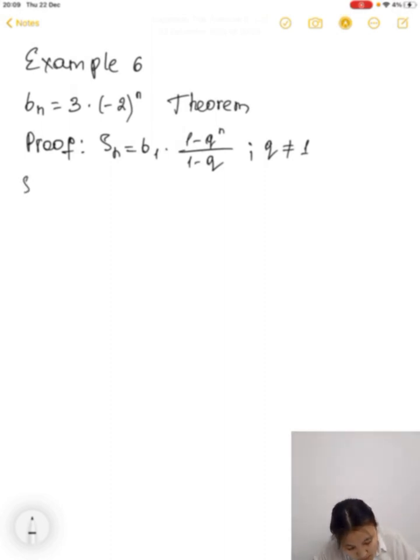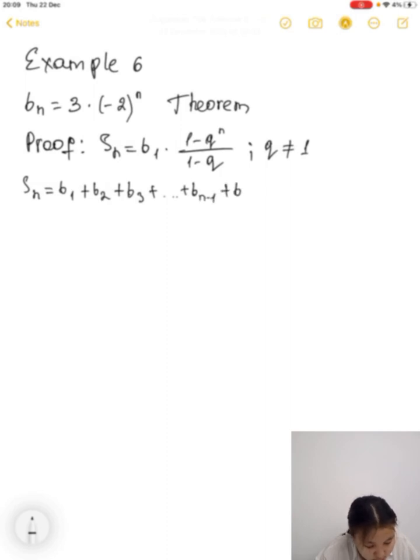S sub n is equal to b sub 1 plus b sub 2 plus b sub 3 plus and so on, plus b sub n minus 1 plus b sub n.